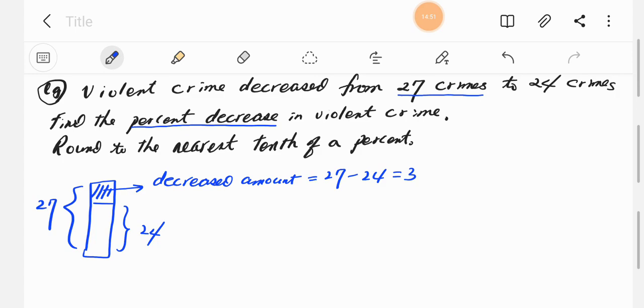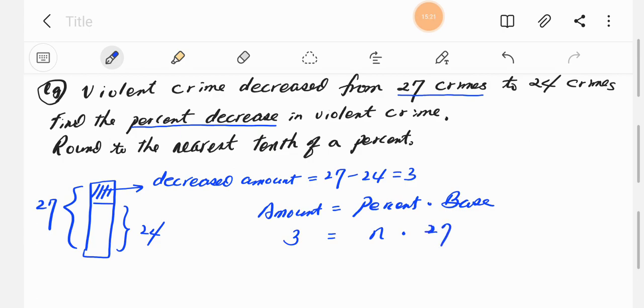All right. So look at this. So amount is equal to percent times the base, right? Percent times the base. So the decreased amount is 3. And the percent is the one we are looking for. We don't know how many percent. And the base is 27. Why?